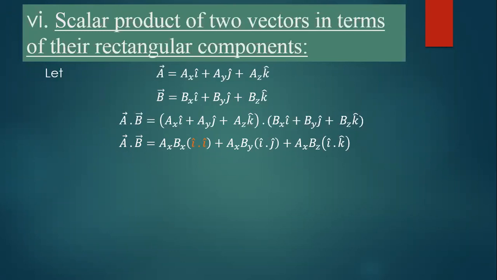Now it's the turn of the y component of vector A. Now you have to multiply the y component of vector A with all the components of vector B one by one.